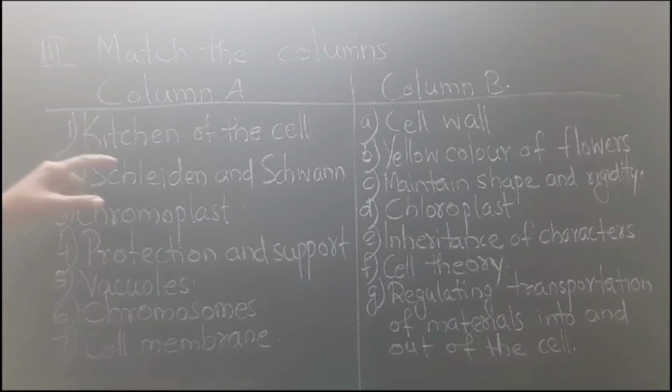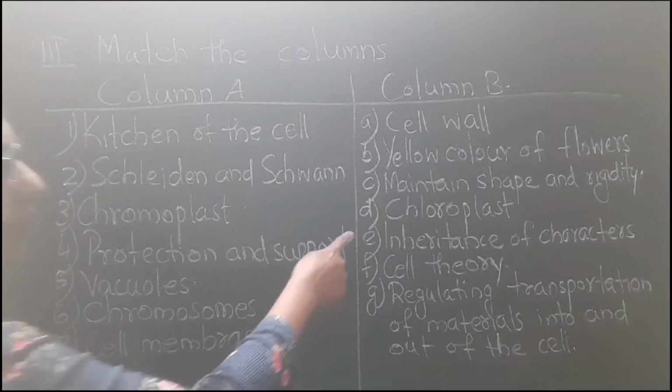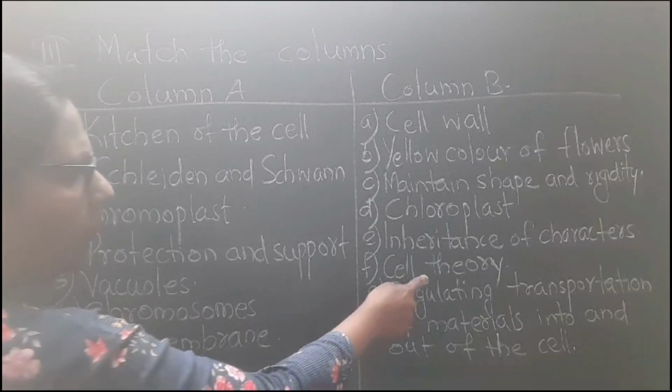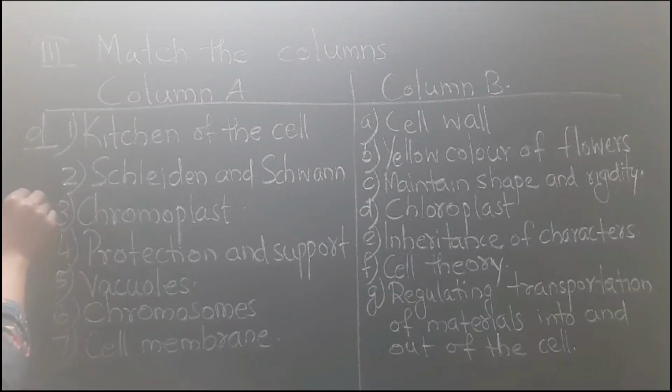Number 1, kitchen of the cell. The answer is D, chloroplast. Then Schleiden and Schwann, number 2. That is who made the cell theory.